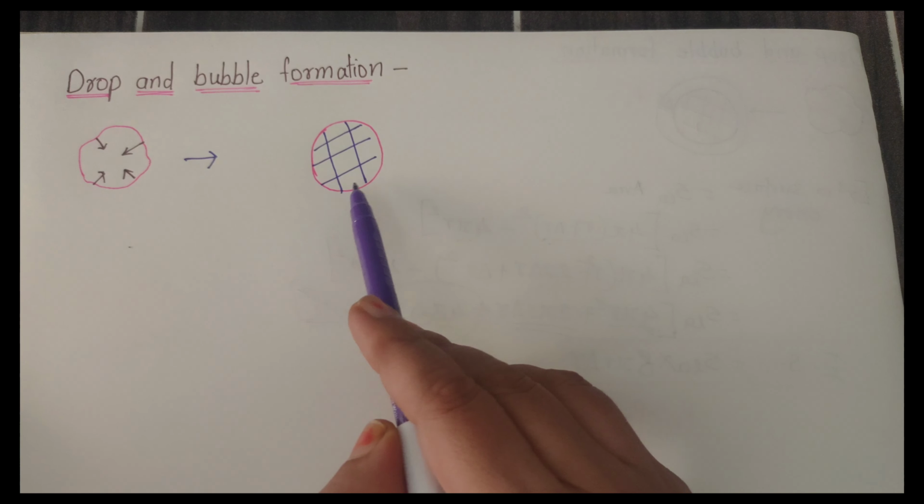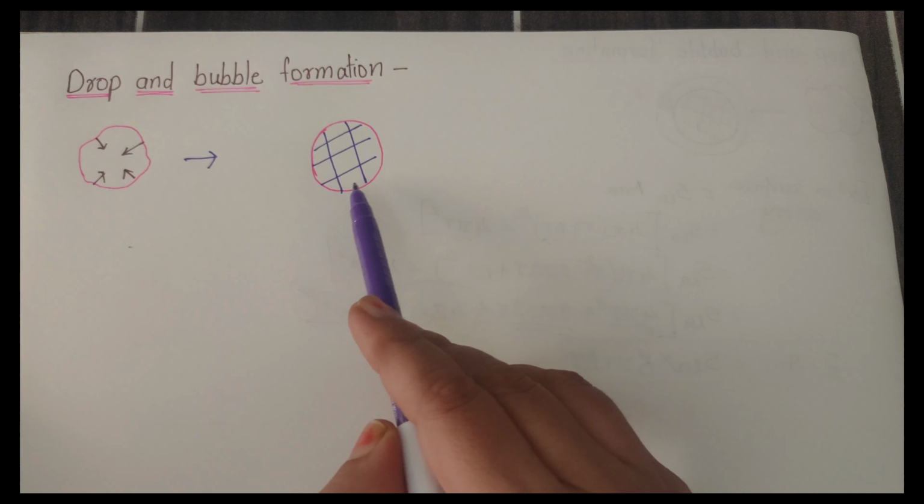Now we are expanding this term, so this is S_LA into [4 pi (r square plus 2 r del r plus del r square) minus 4 pi r square]. We expanded this bracket with the formula of (a plus b) square. Now we are opening this bracket.